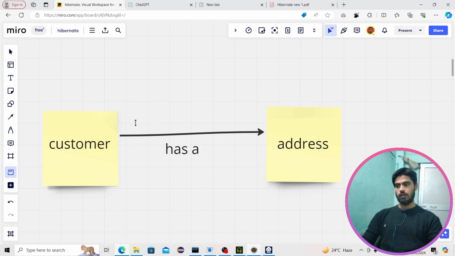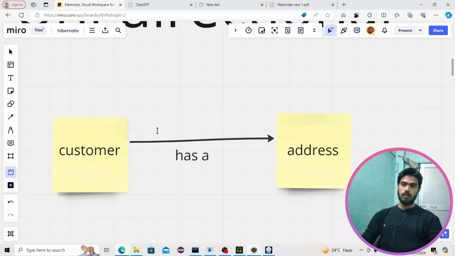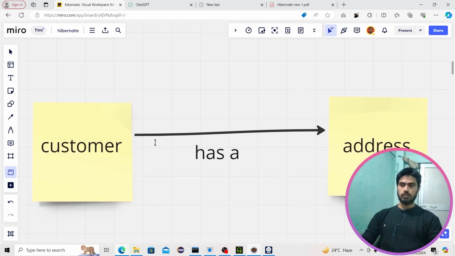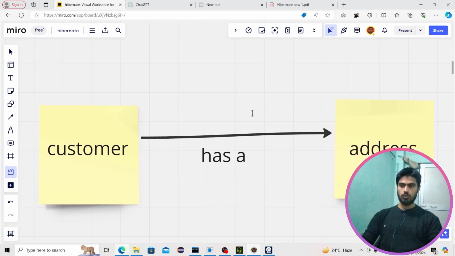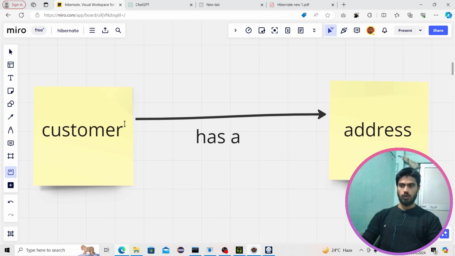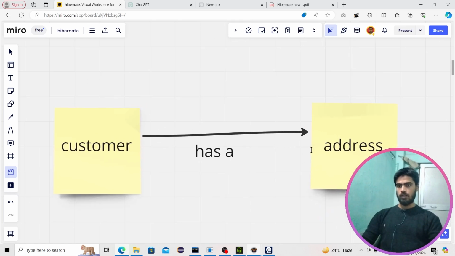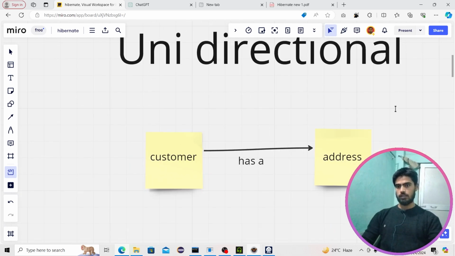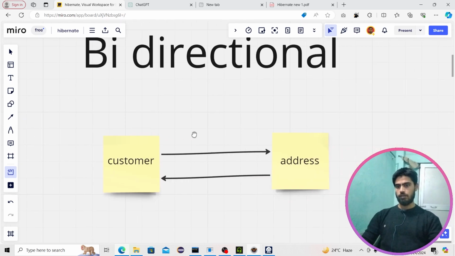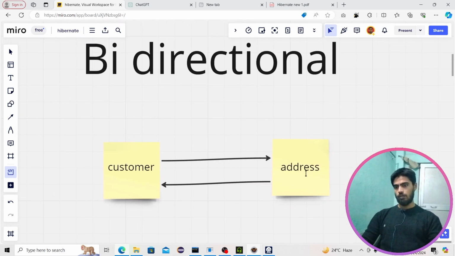Directionality basically means the access of the other object. What directionality represents is the access of the other entity. From customer you can access address, so this becomes unidirectional. But what if from address you can also access the customer object?